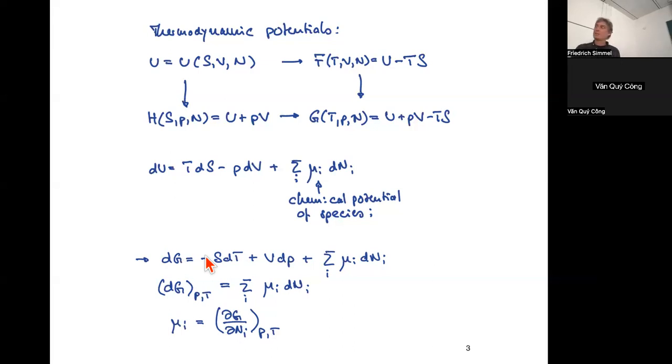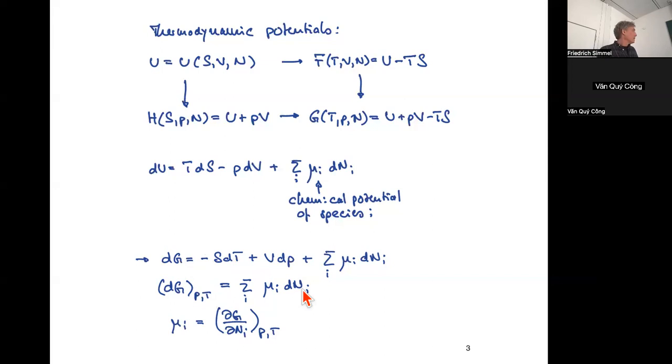Now, in a chemical experiment, when you hold pressure and temperature constant, obviously dT equals 0 and dP equals 0. So the free energy change under these conditions is only the sum that is shown here, the sum over chemical potentials times the change of your particle numbers.